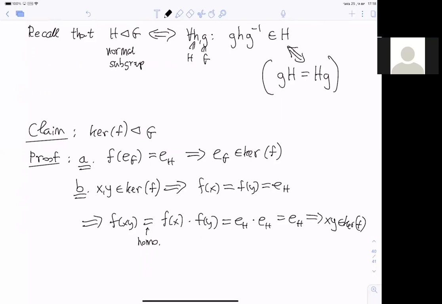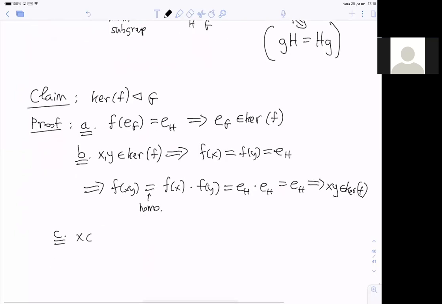Now see, if x belongs to the kernel of f, then of course its inverse belongs to G. We want to show that this inverse belongs to the kernel.